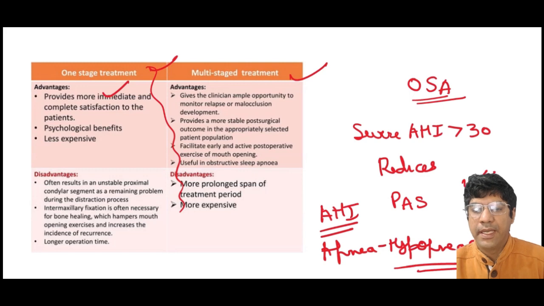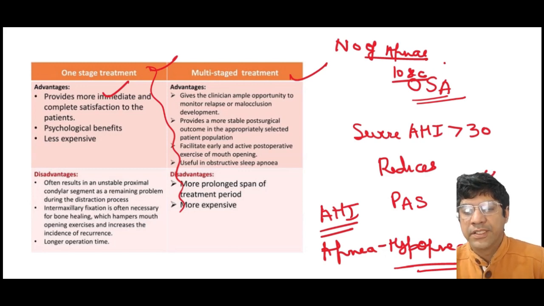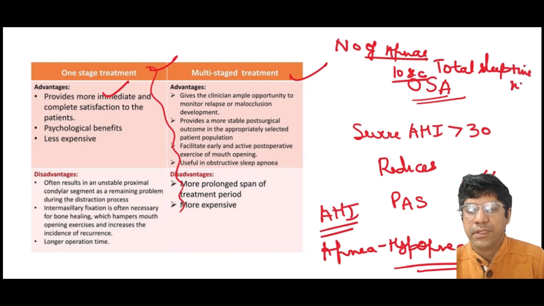That is an important measurement in sleep medicine that is used to assess the severity of sleep apnea. It is calculated by dividing the total number of apneas, that is the complete cessation of airflow for at least 10 seconds, and hypopneas, that is partial blockage or reduction in the airflow, by the total sleep time in hours.